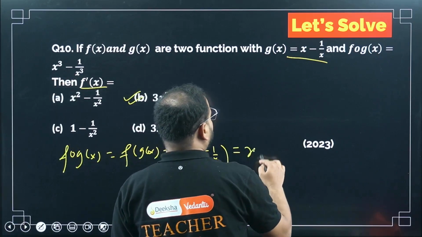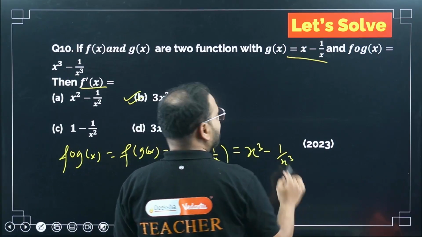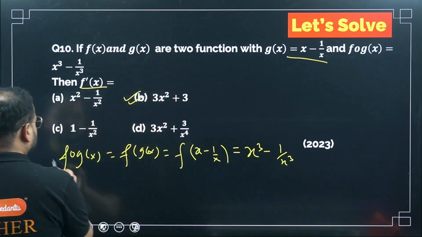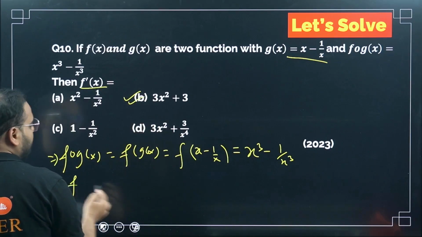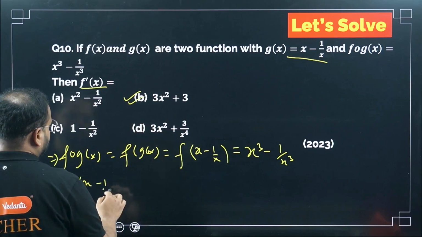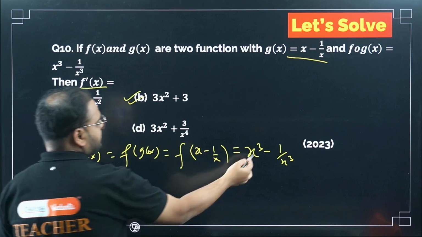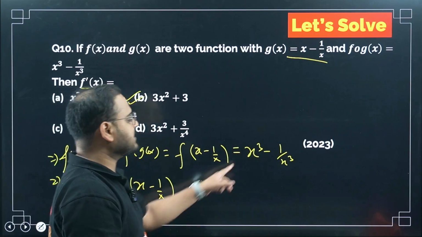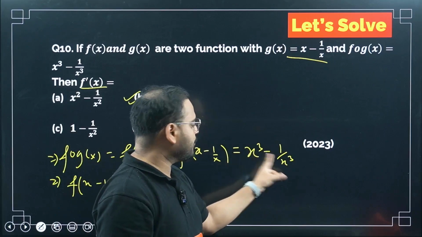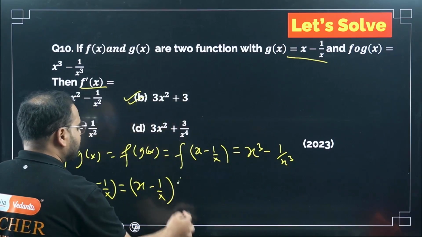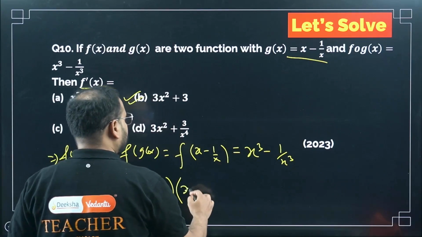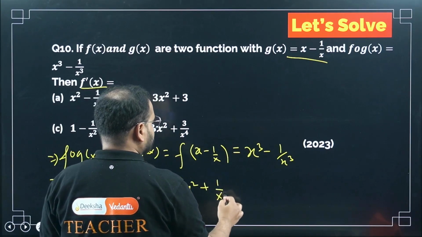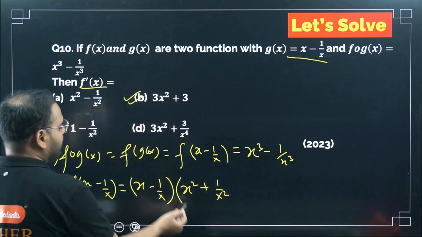So what do we know of this term? There is a formula for that, a cube minus b cube. What is the formula? f of x minus 1 by x equals, a is x, b is 1 by x, because a cube minus b cube is a minus b times a square, which is x square, plus b square, which is 1 by x square, plus ab.